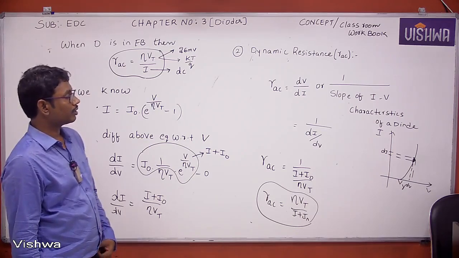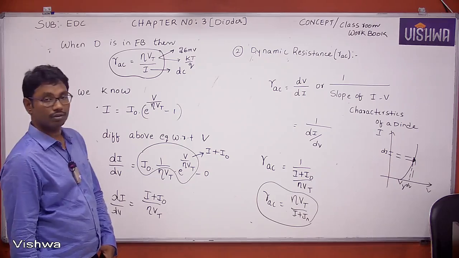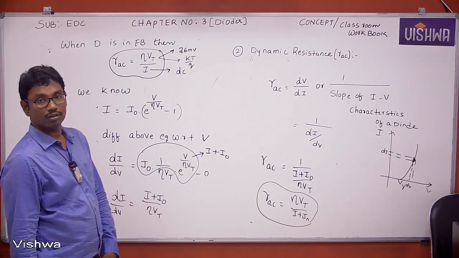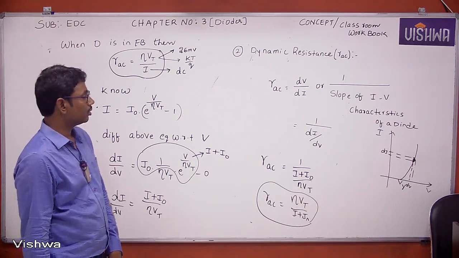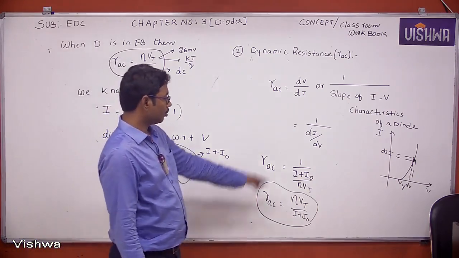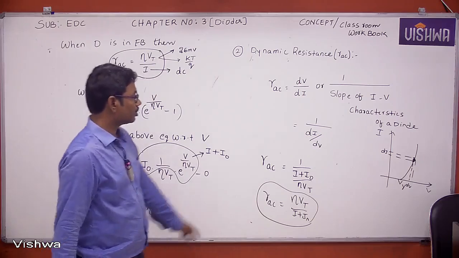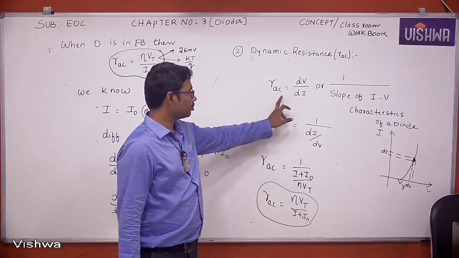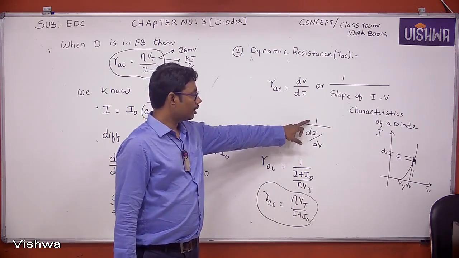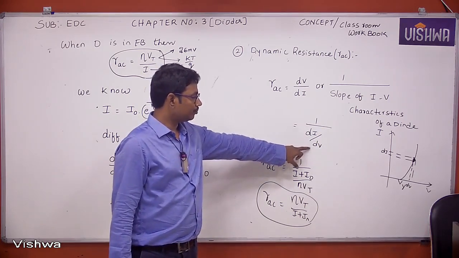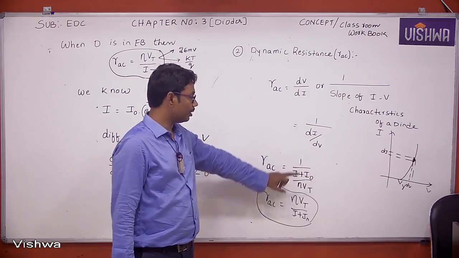Copy here. That is, RAC is equal to 1 by di by dV.